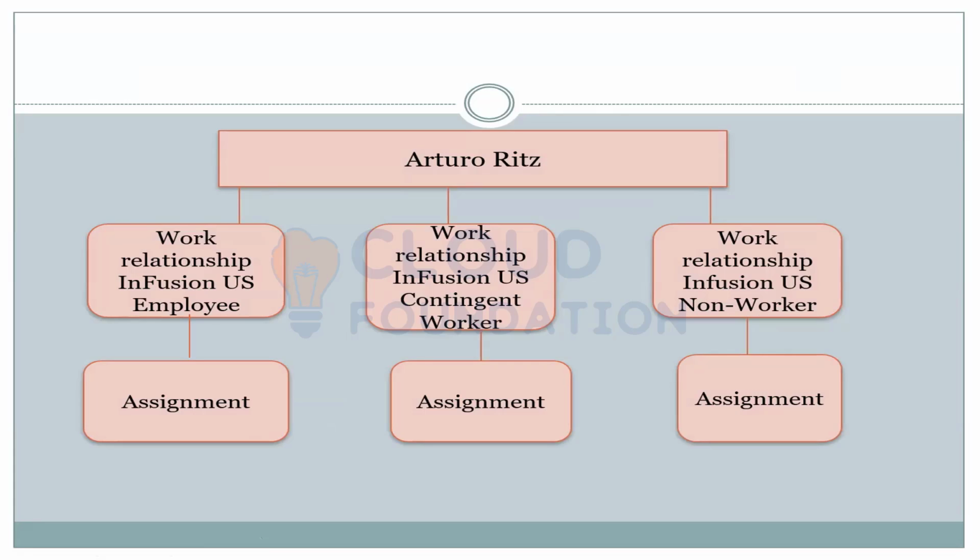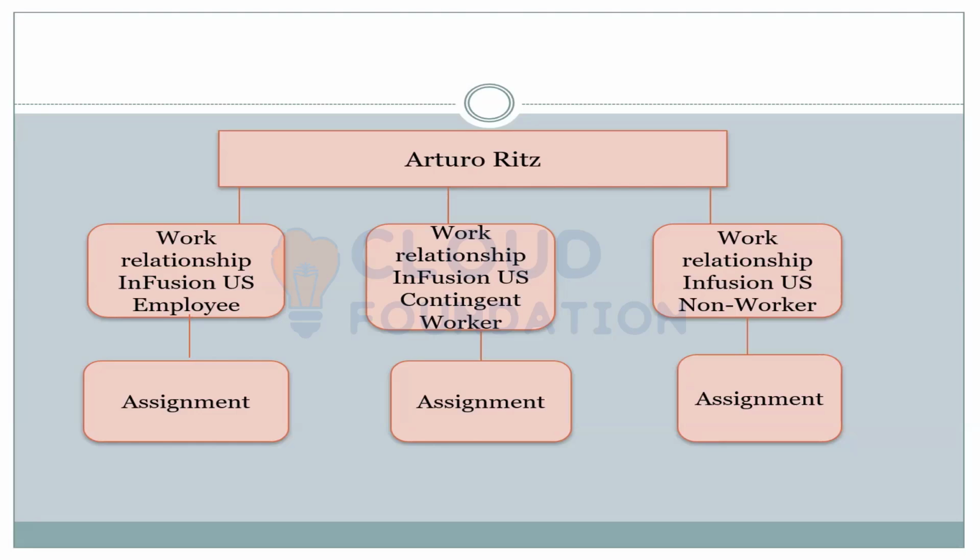Orchero rates is the name of the employee, and he has work relationships: employee, contingent worker, non-worker. The employee has a work relationship with Infusion US, the main head, the main company name. Now Orchero rates also holds a contingent worker profile.